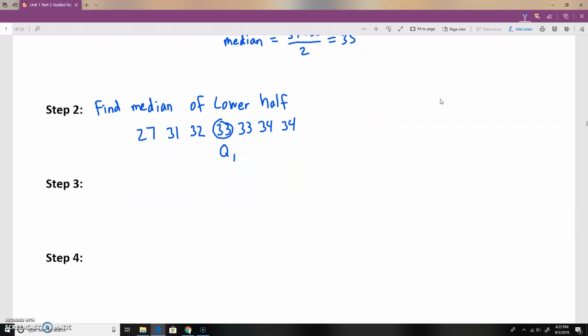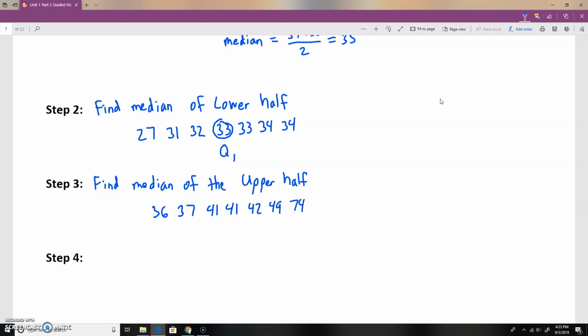Now we're going to do the same thing. We're going to find the median of the upper half. All right, so let me rewrite our upper half here. 36, 37, 41, 41, 42, 49, and 74.